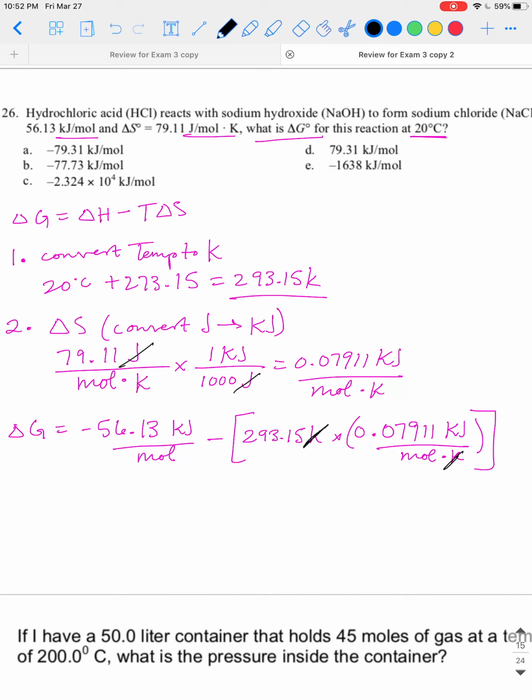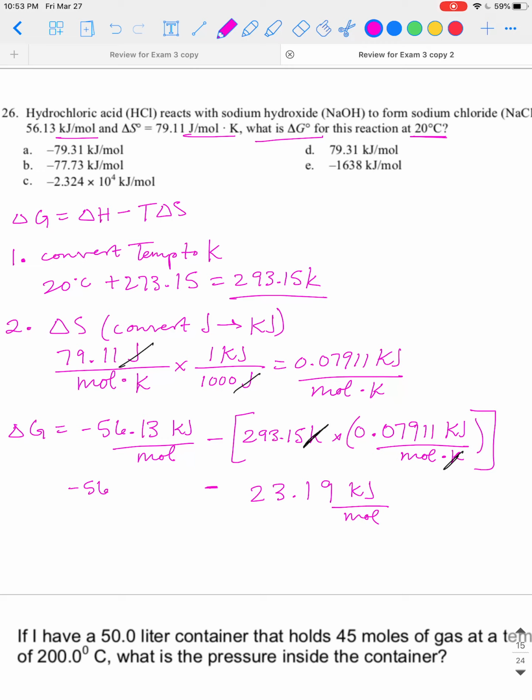I'm going to do the math inside the brackets first. Multiply temperature, 293.15 times delta S, which is 0.07911, and we get, there's the negative out front here, negative 23.19. And the units are kilojoules per mole.